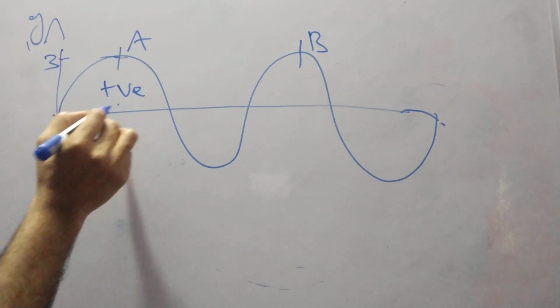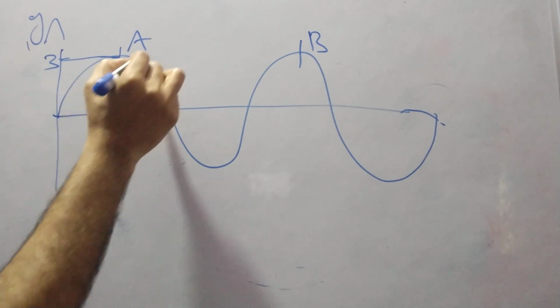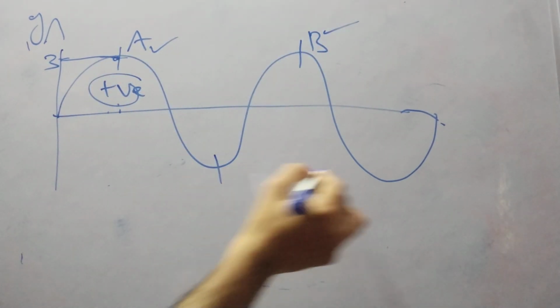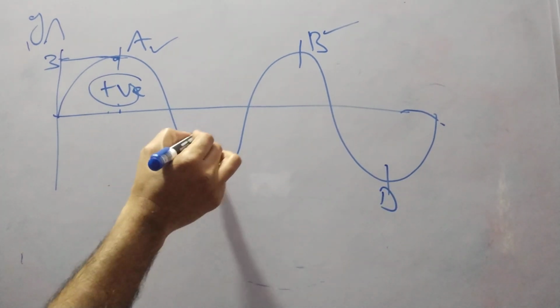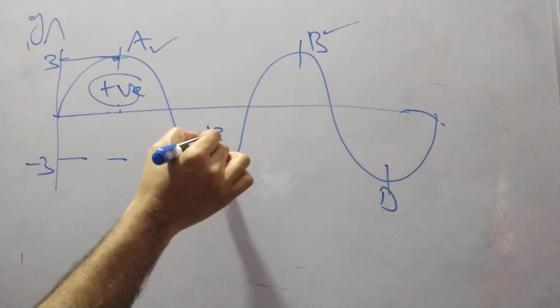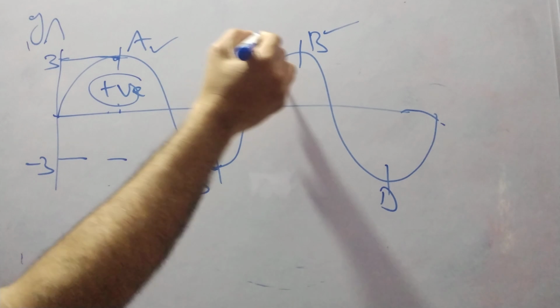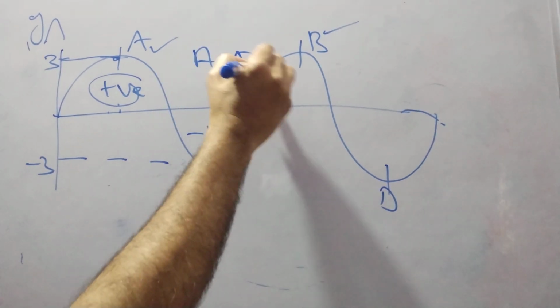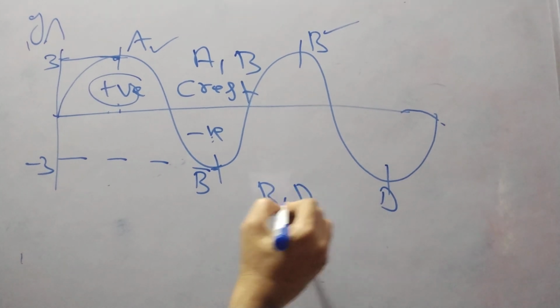So a point exhibiting maximum positive displacement is known as a crest. What is a trough? B and D are the points on the wave which exhibit negative displacement, minus 3 here, but the maximum value. Maximum negative displacement is known as a trough. So A and C are crests here, and B and D are troughs here.